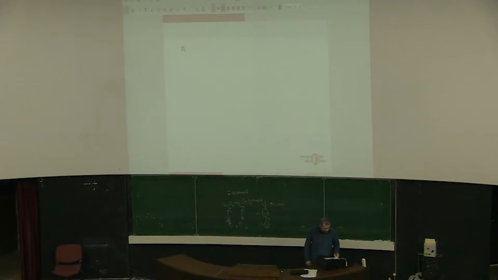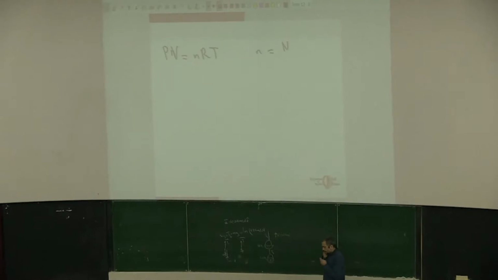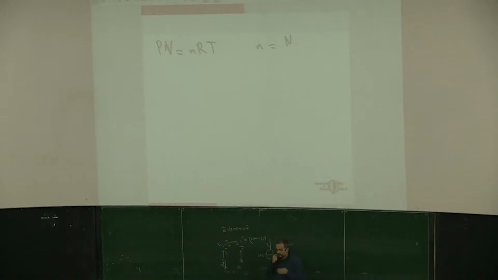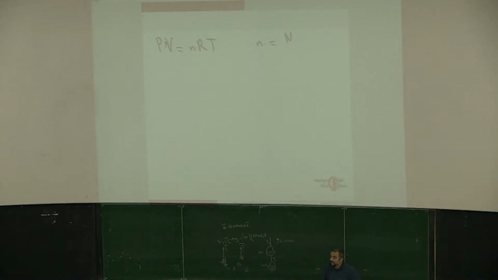Well, this N we have in the ideal gas law, N is defined as the number of gas molecules divided by the so-called Avogadro's number. And this Avogadro's number is a huge number.